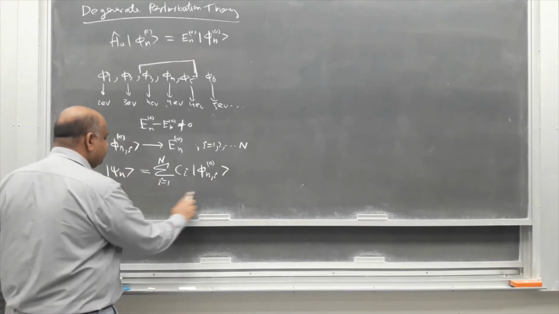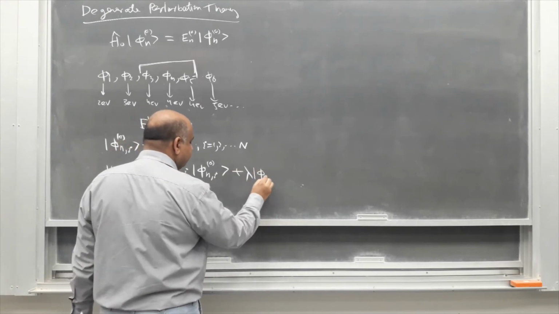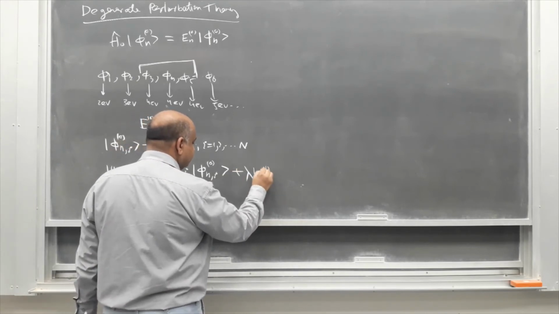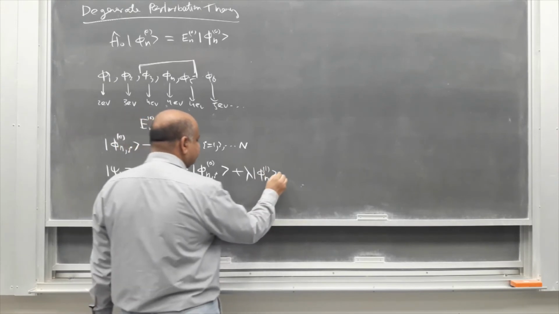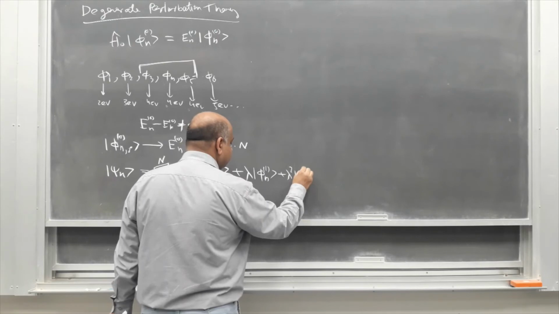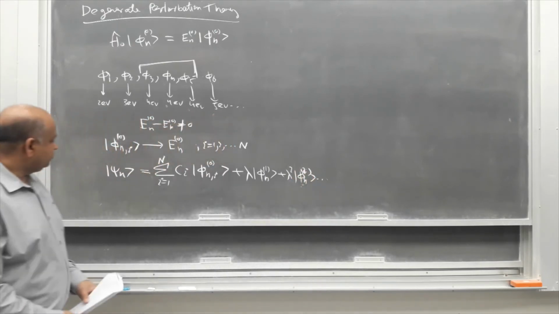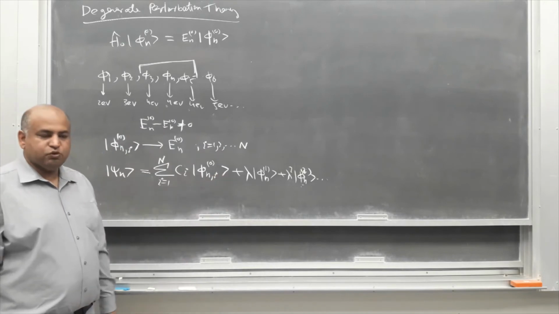So there's this term proportional to this, and then there is a first order correction, and then there's a second order correction, and so on. So this is how we are going to suppose our eigenfunction.